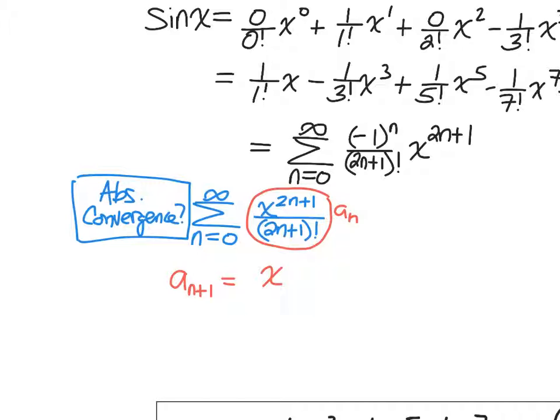I'll show the work: 2 times n plus 1, replacing n with n plus 1. The presence of that coefficient makes it a little funkier, because you're going to have a 2n plus 2 plus another 1, so 2n plus 3.